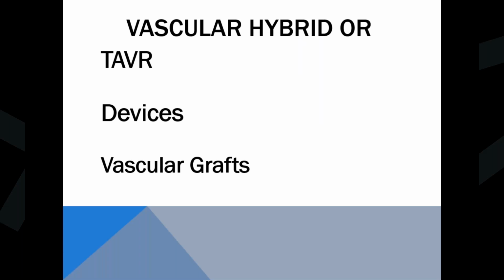And then another one is vascular grafts. What they basically do is kind of like an open heart procedure. They'll harvest veins from normally your lower leg, and then they'll do a bypass like they do with open heart.